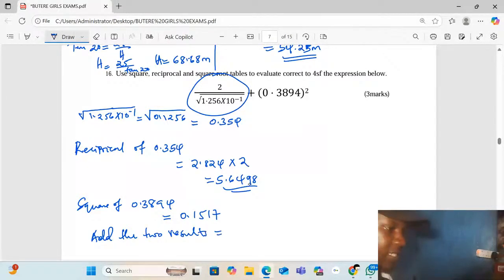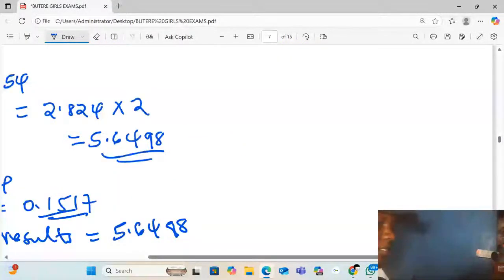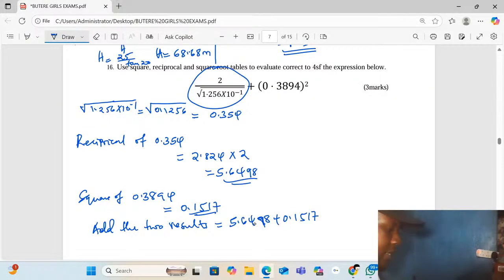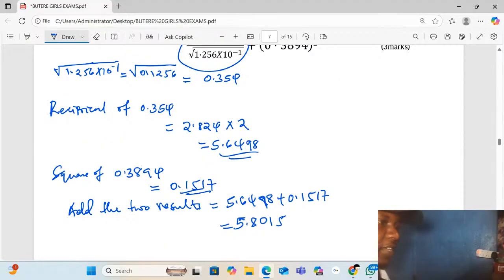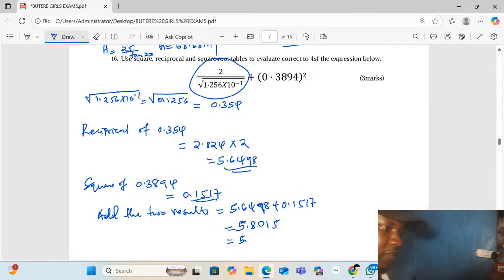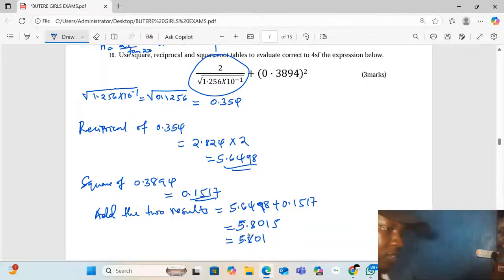So the first result is 5.6498. Add 0.1517, and we get 5.8015. So we shall have our final answer in 4 significant figures as 5.801.